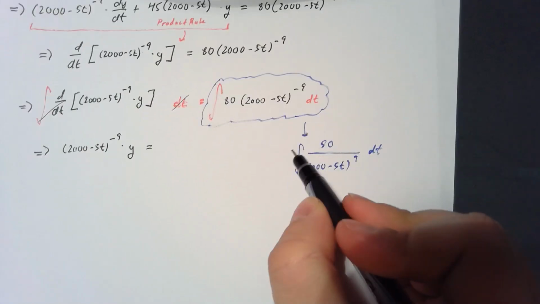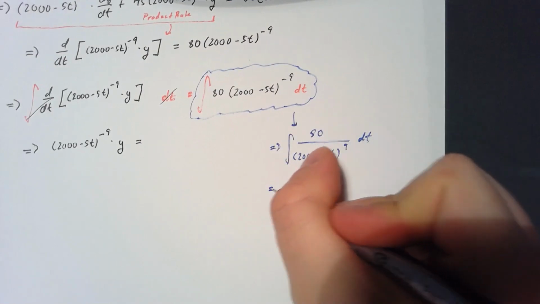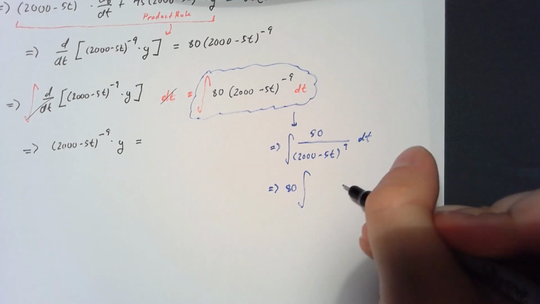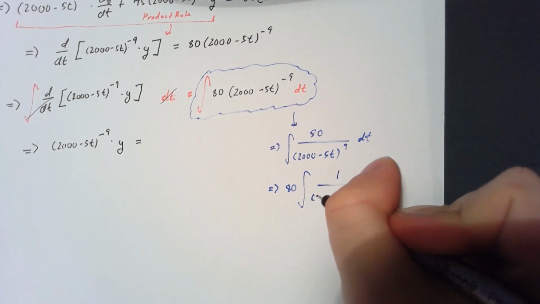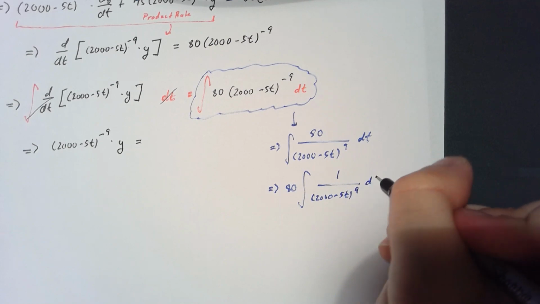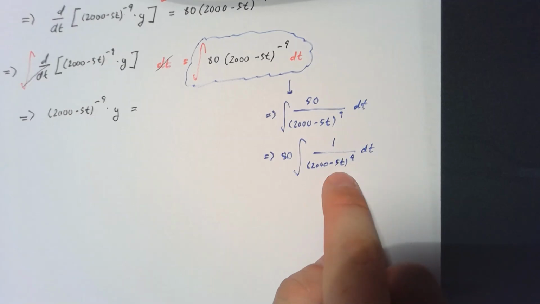So I could bring 80 out, and I'll have 80 times the integral of 1 over 2000 minus 5t to the 9th dt. How do you integrate this? You go through U substitution again.